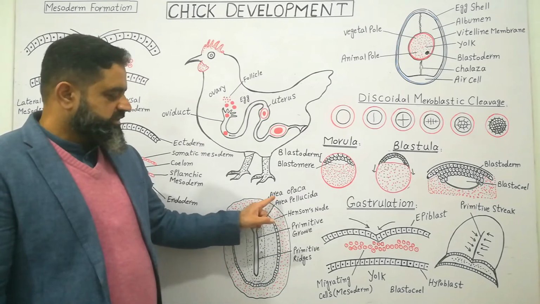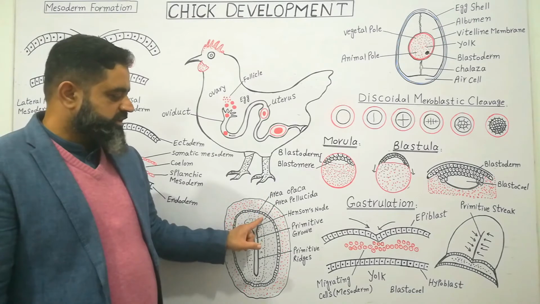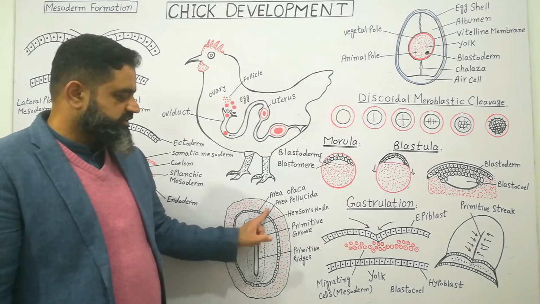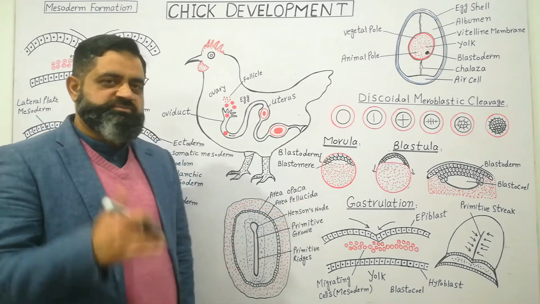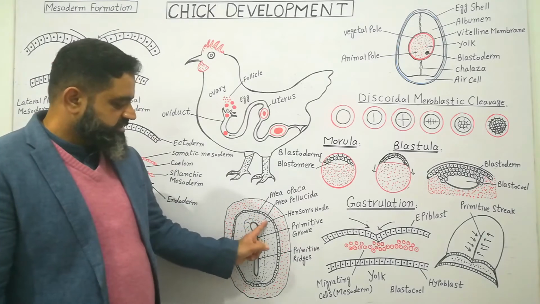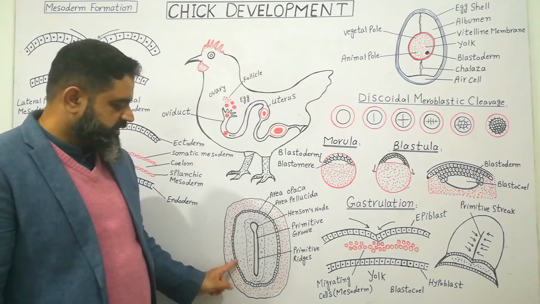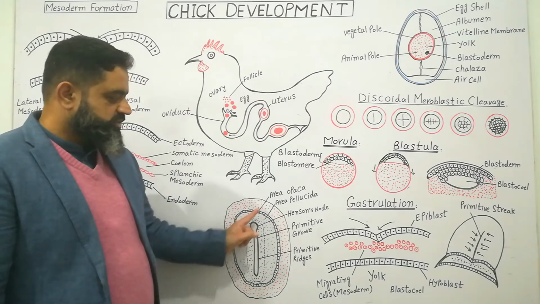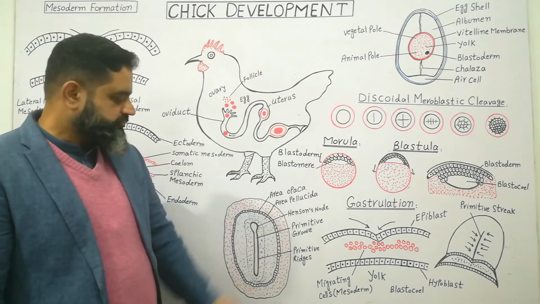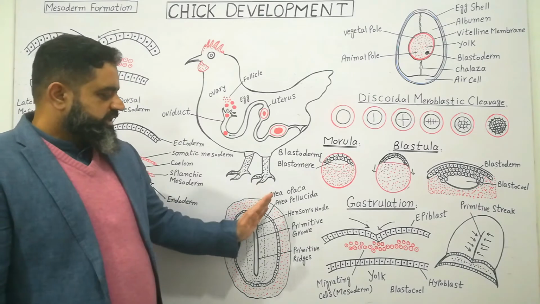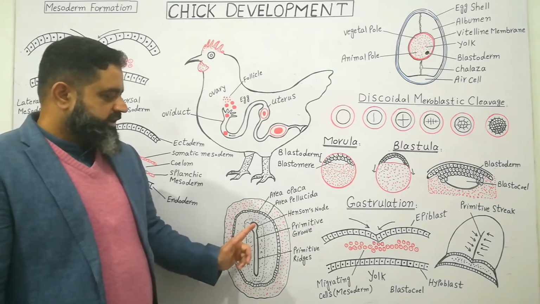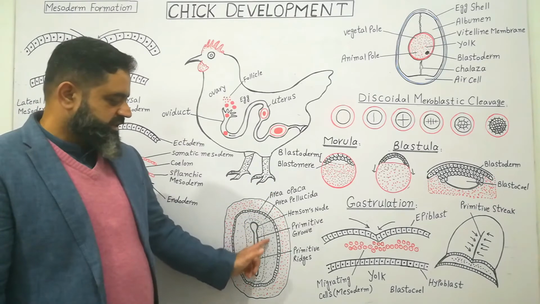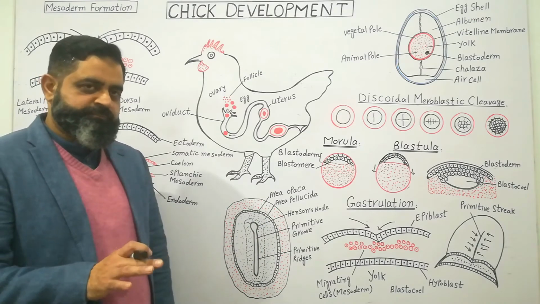Just inner to the area opaca there is another area which is known as area pellucida, which transmits light. As you can see in this diagram, this blue area around the area pellucida, inner to the area opaca, is known as area pellucida. Inside the area opaca and area pellucida there is an embryo which has been elongated.